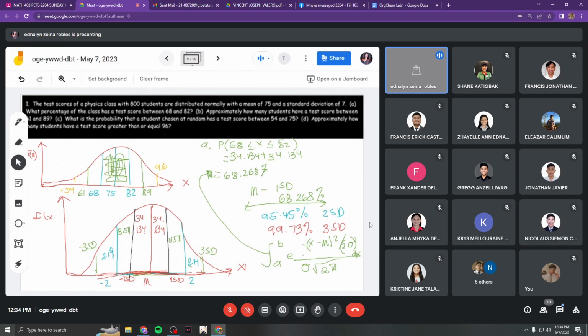Ano, may nakakuha ba? But if you input this on your calculator, we will be arriving at the same answer, 68.268%. So naintindihan ba on what is the significance of this graph in order for us to solve a normal distribution continuous probability? Naintindihan ba?